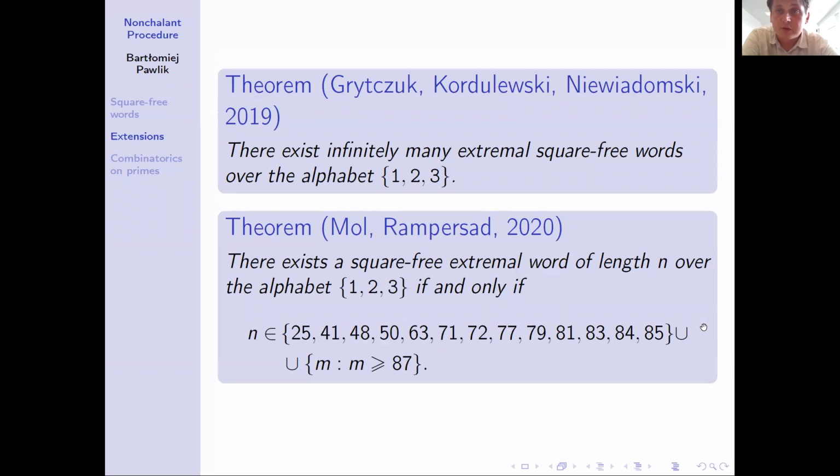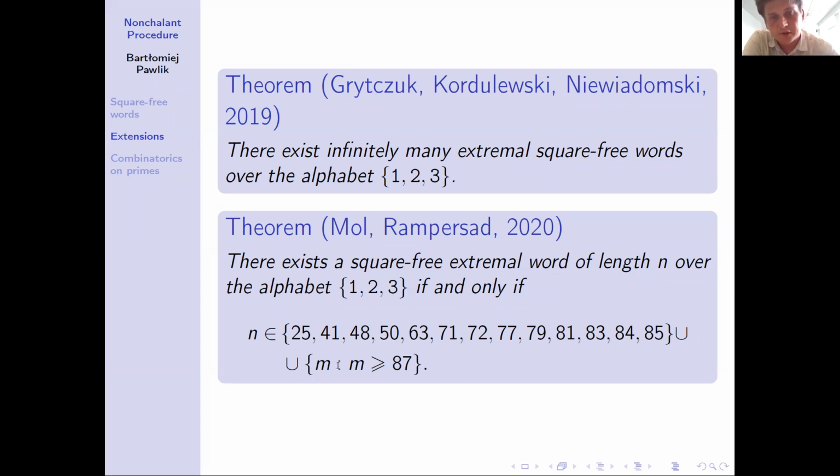Gryczuk, Kordulewski, and Niewiadomski showed that there exist infinitely many extremal square free words over the alphabet 1 to 3 in 2019. And this result was extended by a very nice theorem by Lucas Moll and Narad Rampersad a few months later, namely they showed all the lengths over the alphabet 1 to 3 for which we get an extremal word.